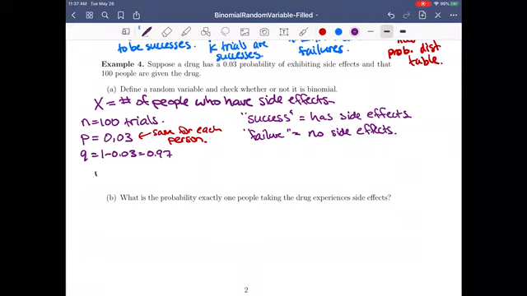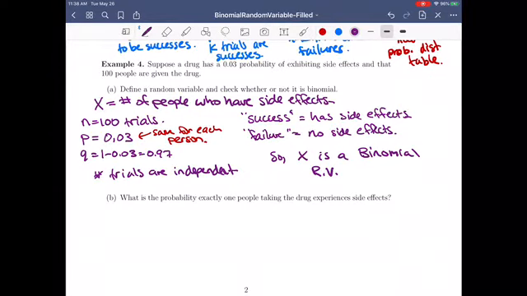And the trials are independent, because if one person has side effects, it's not going to affect the chances the next person has side effects. So X is a binomial random variable.